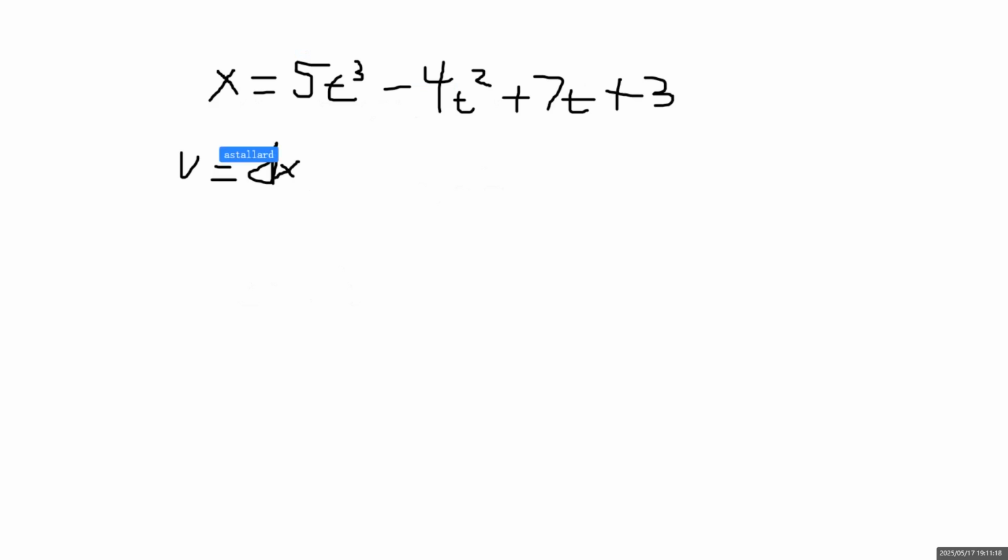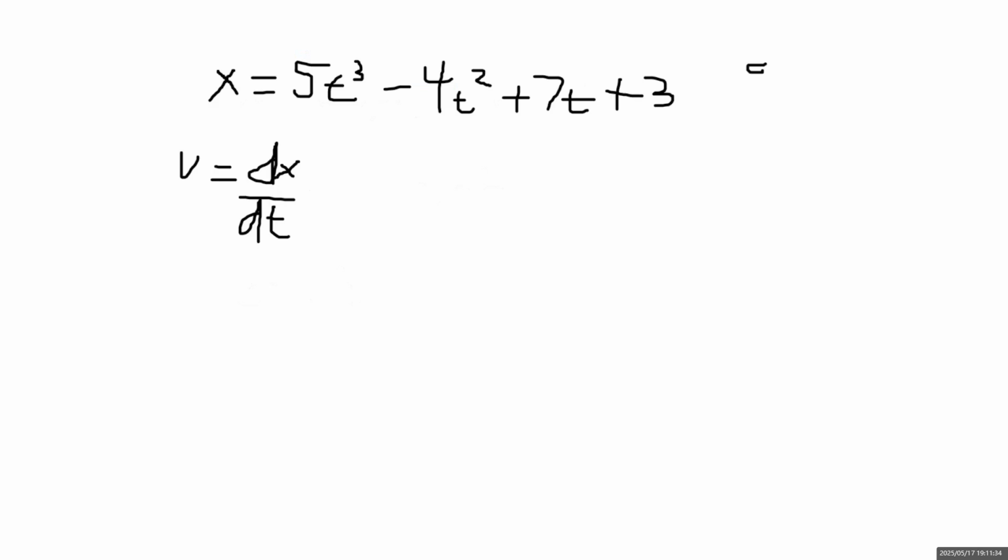Velocity is the rate of change of displacement, which is the derivative. Let's review from your math class how we take the power rule for derivatives. We have a power of t. If we take the derivative with respect to t, we have to use the power rule.